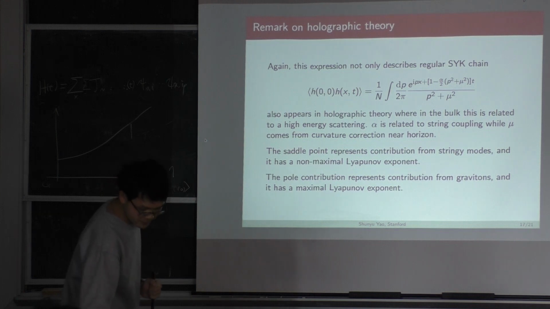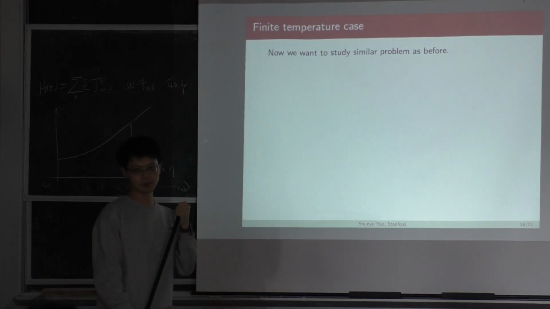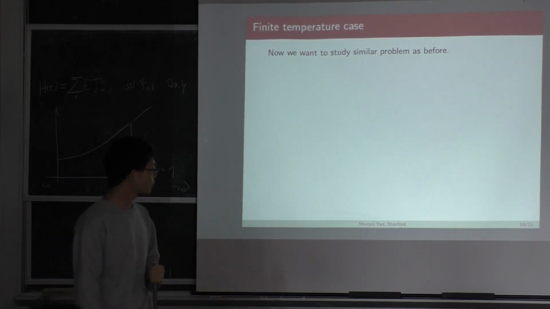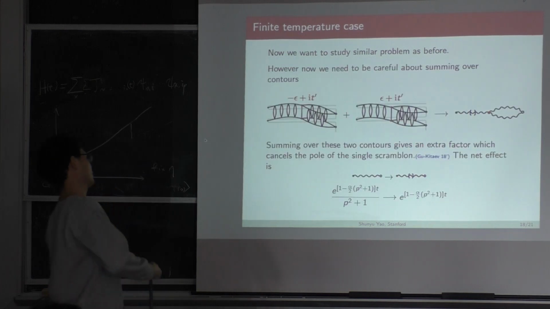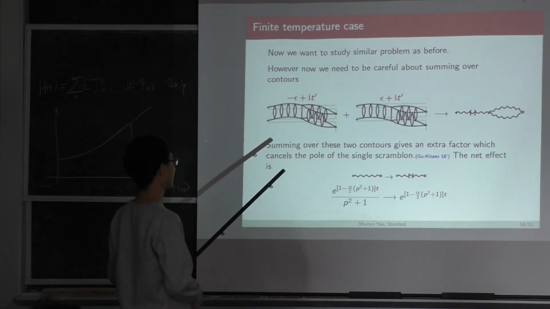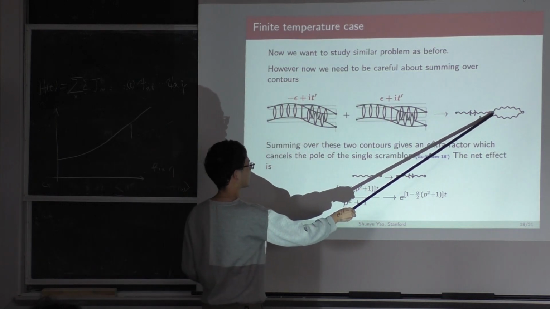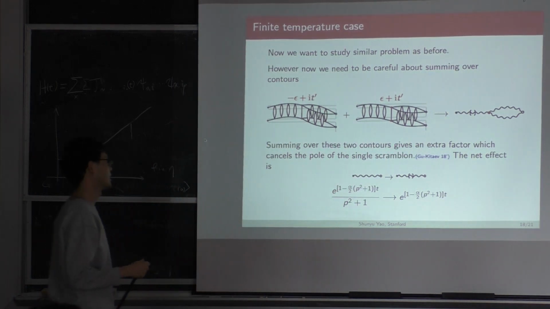Okay, so let's try to study a similar problem as we studied before for the Brownian case, where we look at some error caused by this resummation of the propagator from the blue dot to the end, the circle.